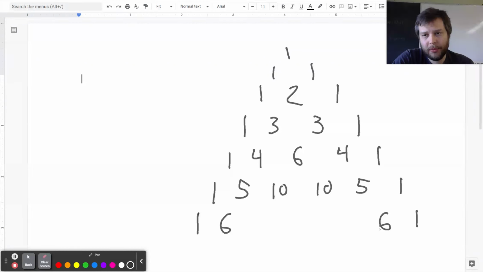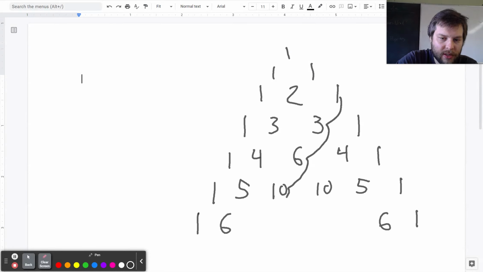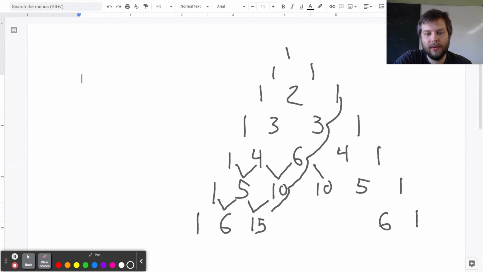The next part's a little bit trickier, but some people find the pattern one way, which is noticing that this diagonal goes plus 2, plus 3, plus 4. So I would go plus 5 to get 15. Other people find the pattern by just saying, oh, look, the two numbers that are above add together to make the number that's down below.